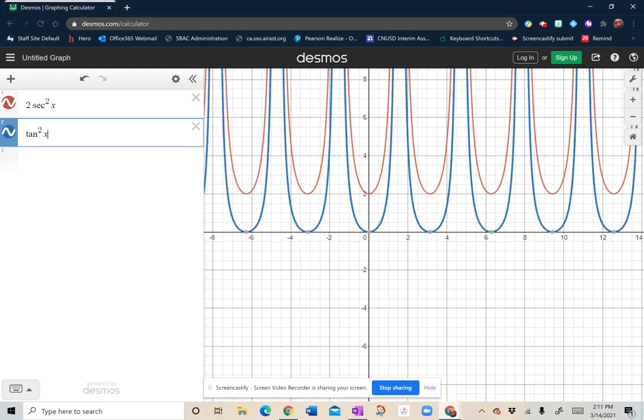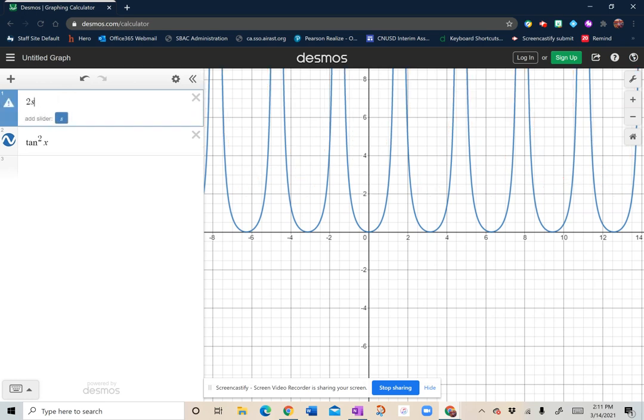I want to know where the red is below the blue. The red is never below the blue. It's always above. So that's how I know it's no solution. Again, graphing it is probably the easiest way. Let's take a look at the other one.